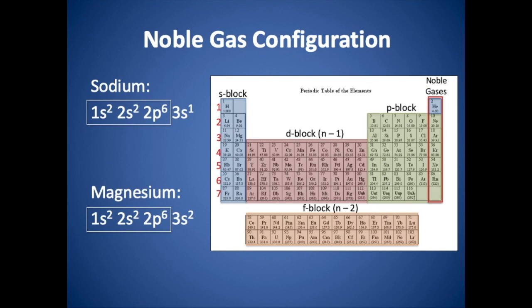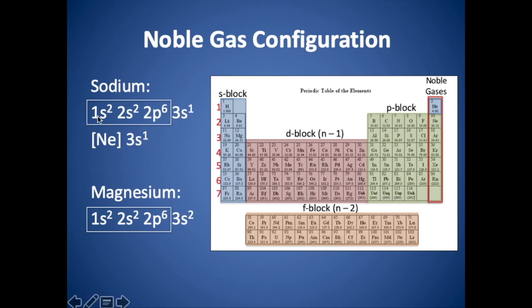So we decided that these would be the shorthands, and we will replace a section of the electron configuration with the symbol for one of these noble gases. This repetitive part, 1s2, 2s2, 2p6, I'm going to replace with neon, and then do the unique part about sodium, the 3s1.